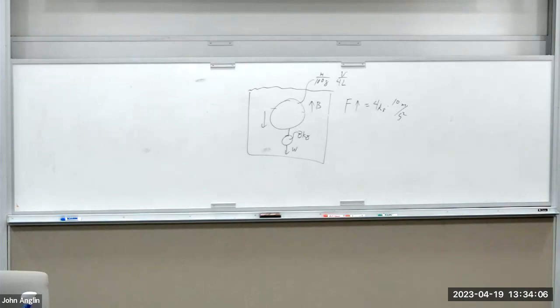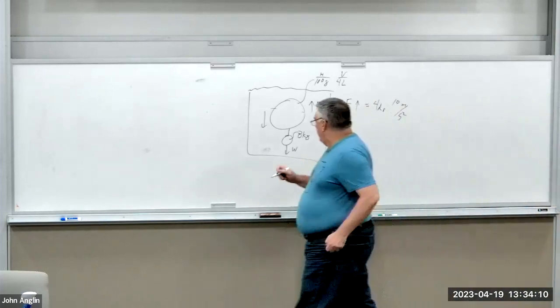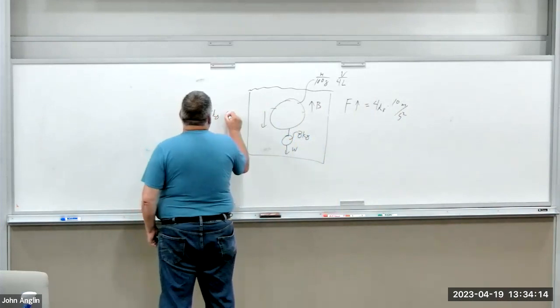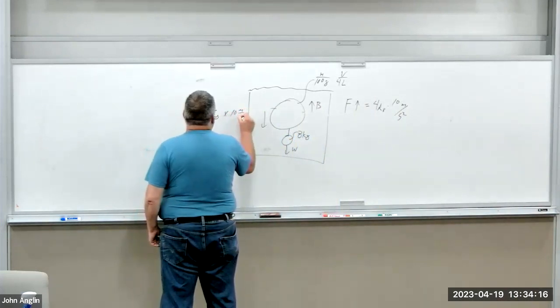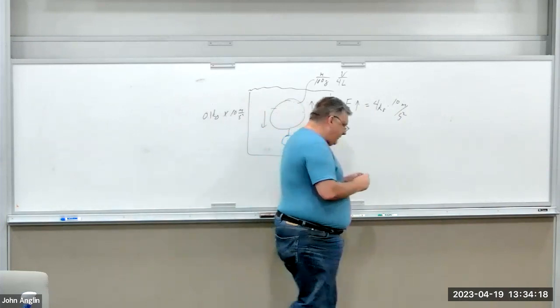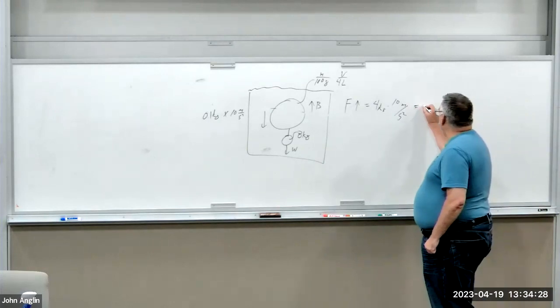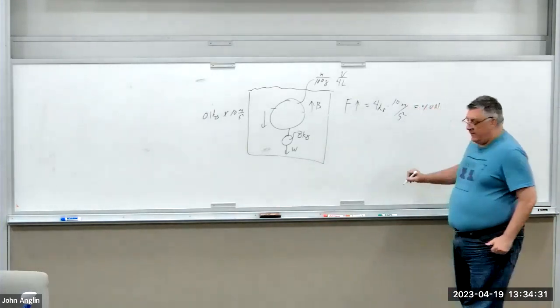So that's going to be 0.1 kilograms times our 10 meters per second squared. And so what we find is that the upward force, the bag, that's going to be 40 newtons.